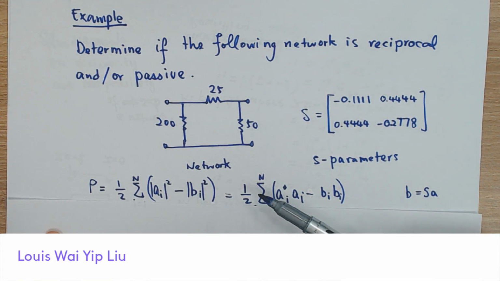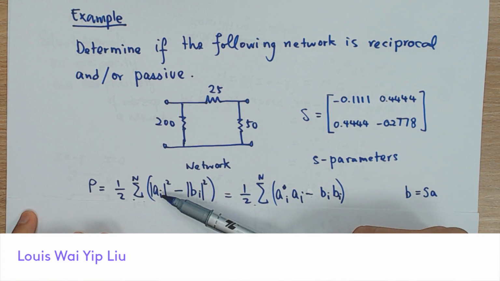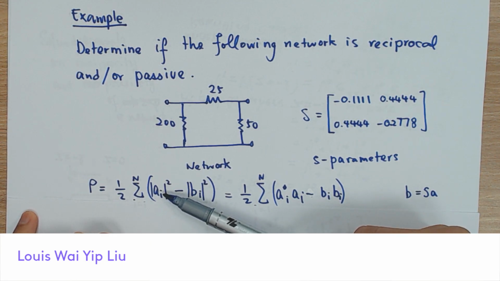So in this case, we can rewrite this term. This term A of i means the incident power at port i. We are looking for the magnitude squared.